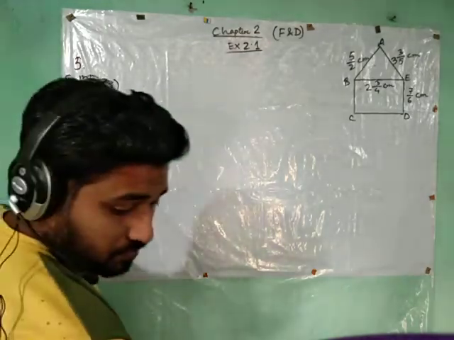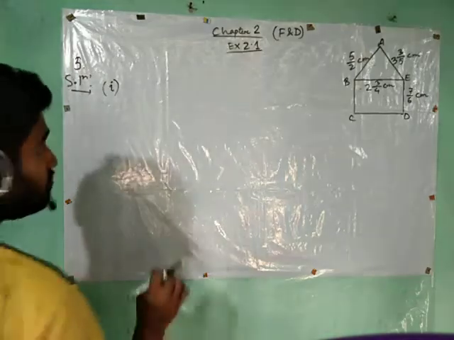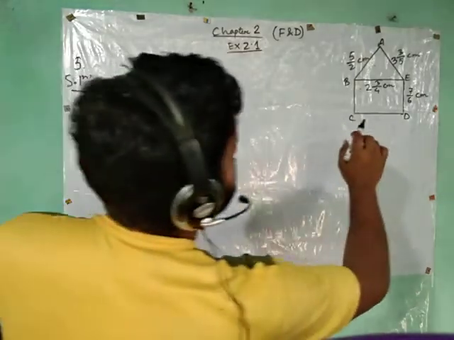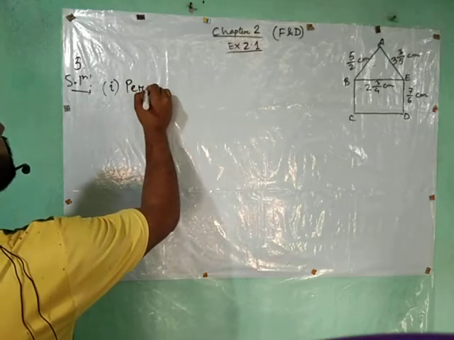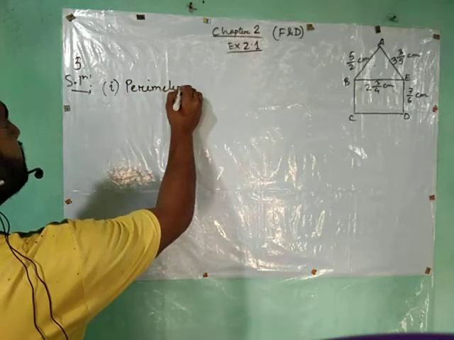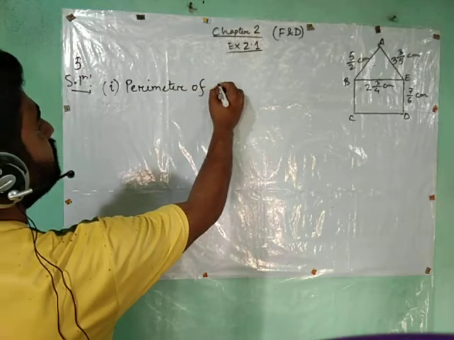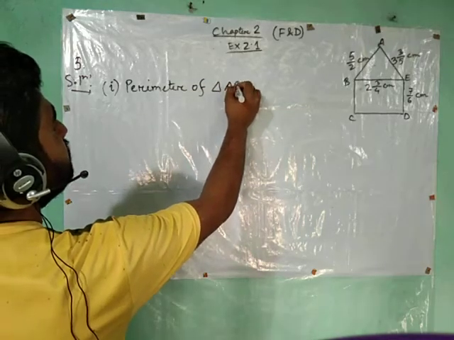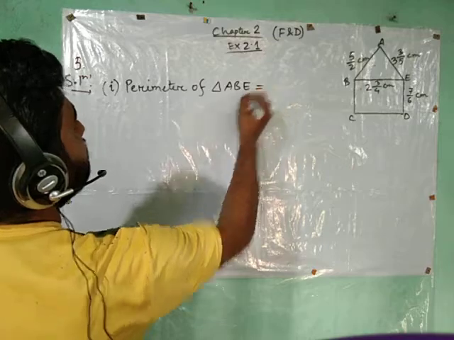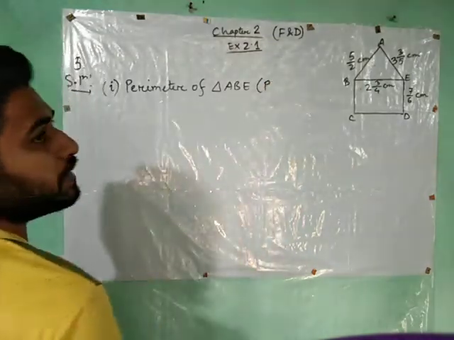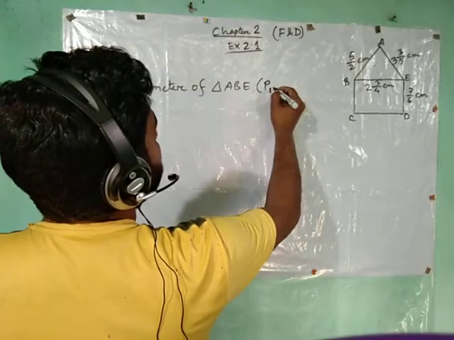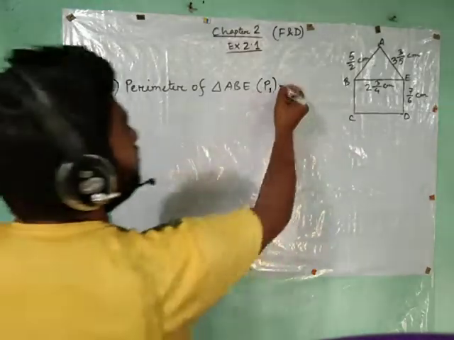Now what you have to do, okay, first the perimeter you have to find out. Perimeter of triangle ABE, how will you find it? Let us name it P for perimeter, suppose P1.